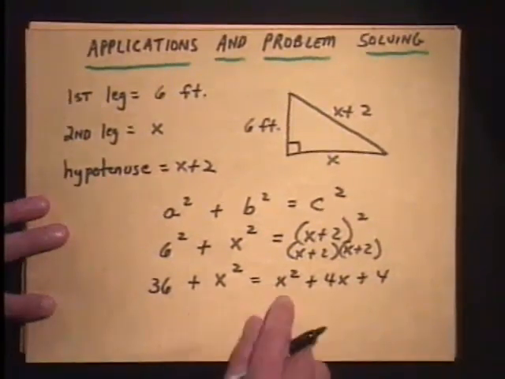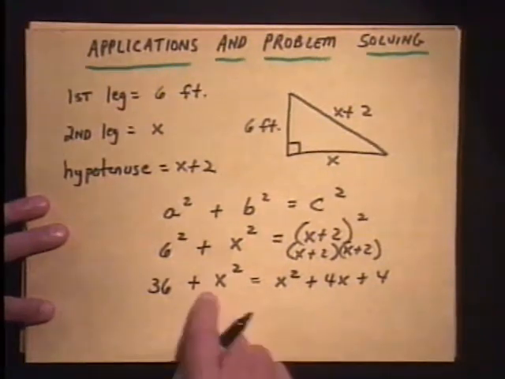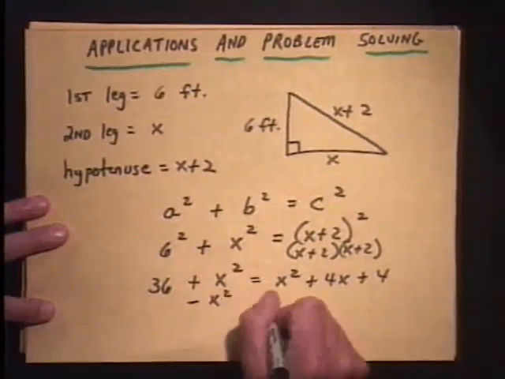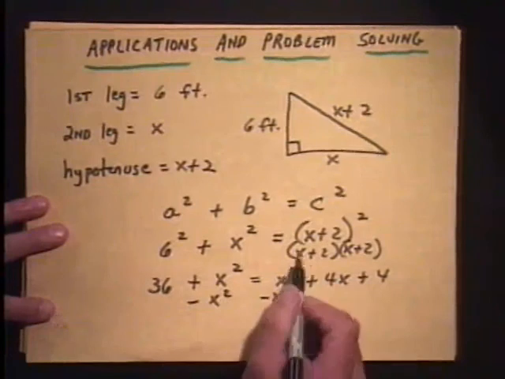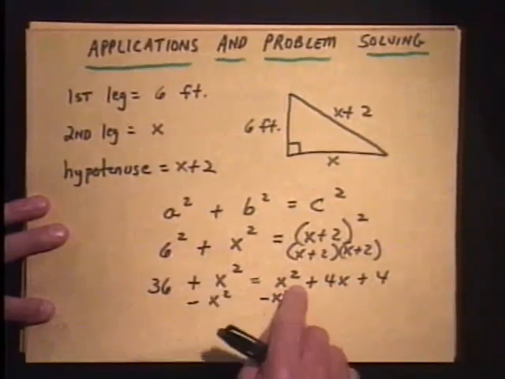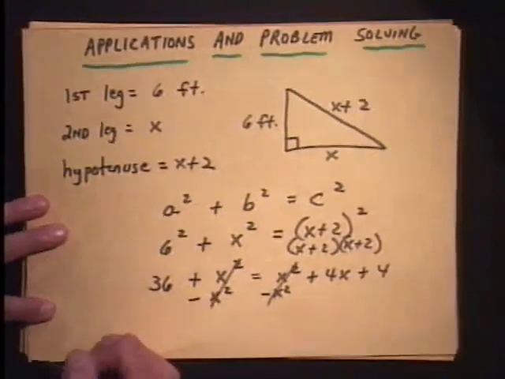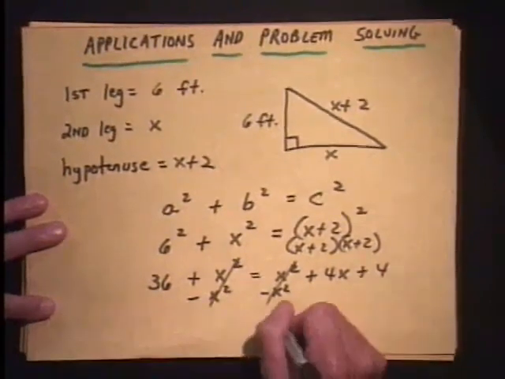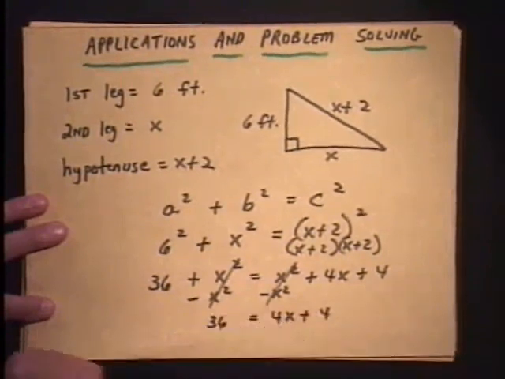All right, so now when we solve for x, some of you might say, Young, where do I take that x squared? Do I take it to the left or right? Well, in this case, it doesn't matter, because when I subtract the x squared in either direction, the x squared goes out of the problem. So those just cancel out. Whenever you have the same thing on opposite sides of the equals, they just go out. And then you're left with 4x plus 4 equals 36.